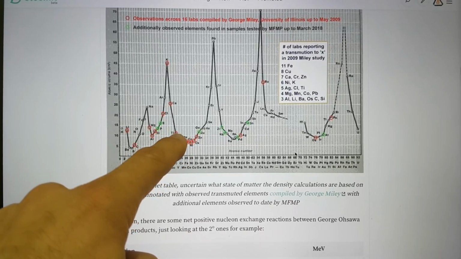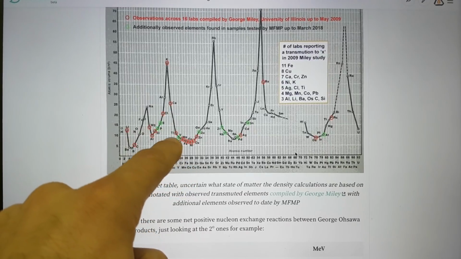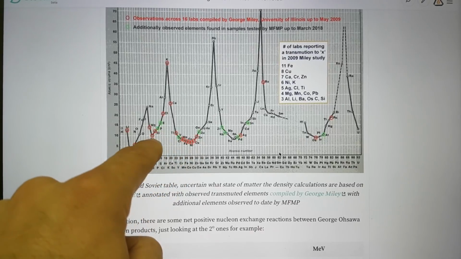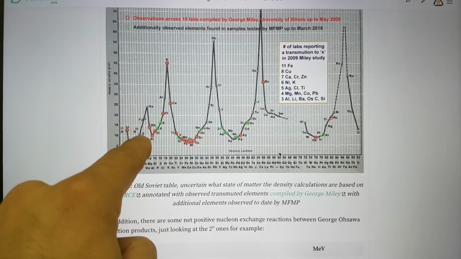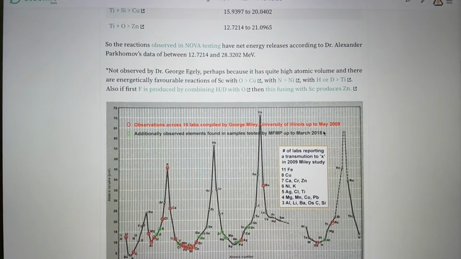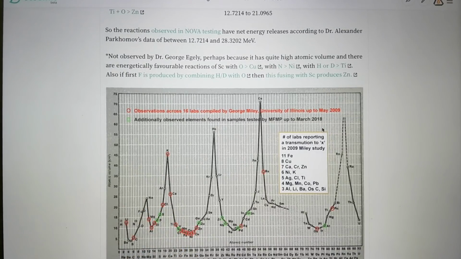So if you've got titanium here, it's lower than scandium, and if it goes down to either copper or nickel, those 3 atoms would be below, in atomic volume, the aluminium or oxygen and the nitrogen from which it is composed. So it's very favourable for it to not stay at scandium.